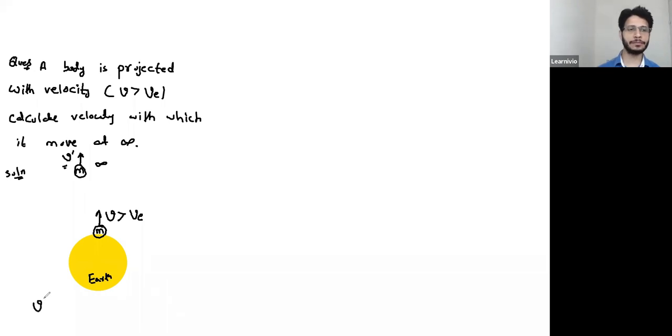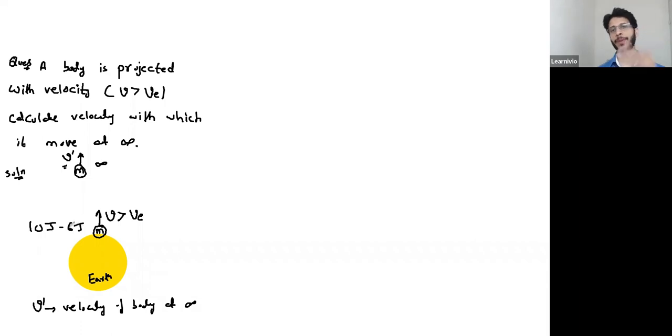This v prime is the velocity of the body at infinity. This calculation is very straightforward. Say I give a body an energy of 10 joules, and out of this 10 joules, 6 joules is spent in sending this body from the surface of Earth to infinity.